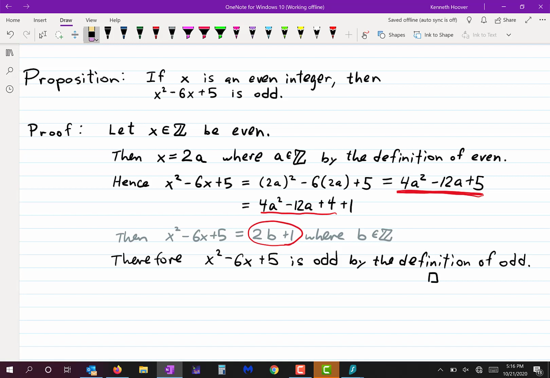So we're pulling a 1 away from the 5 to get the 5 as 4 plus 1. And we're going to factor out a 2 from those first 3 terms. That is not too much to do both of those in one step. So what would it be here? It would be 2 times (2a squared minus 6a plus 2).